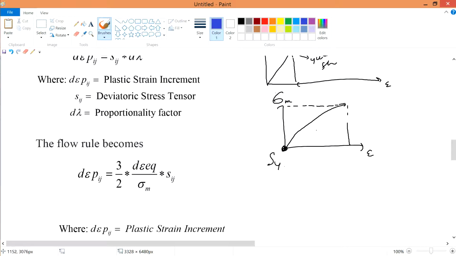And then the curve may be something like this, a non-linear curve. For example, if you apply a certain stress, any arbitrary stress, then compared to this curve you have a certain strain. This strain is what we call the equivalent strain, proportional to whatever you are calculating.